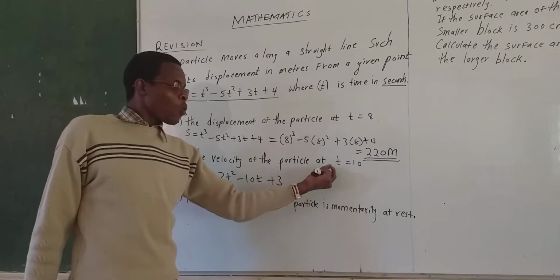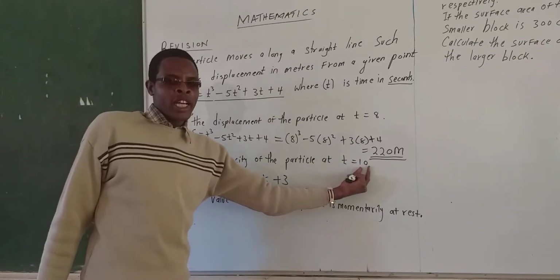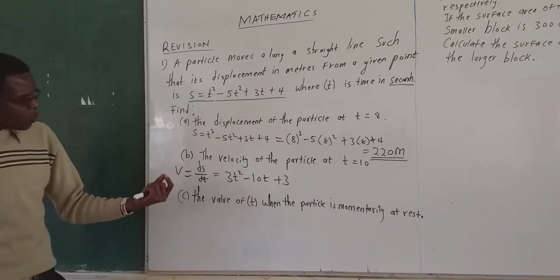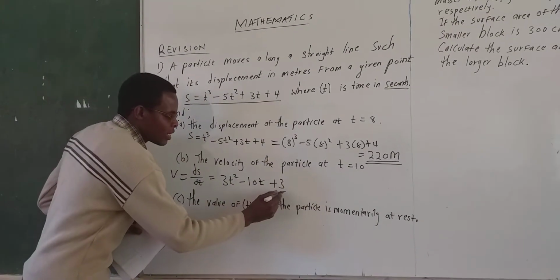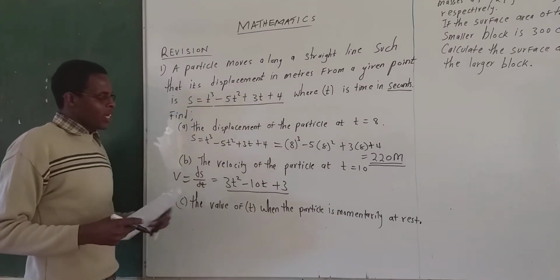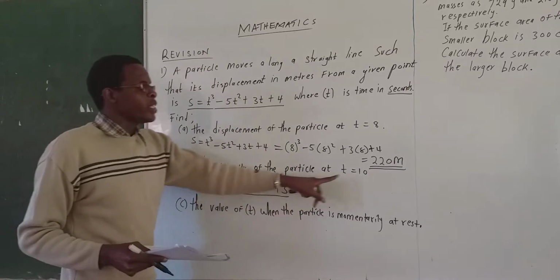Since the expression we have here is already in velocity, because we have differentiated displacement into a velocity equation, you come and substitute t in this velocity expression with 10.